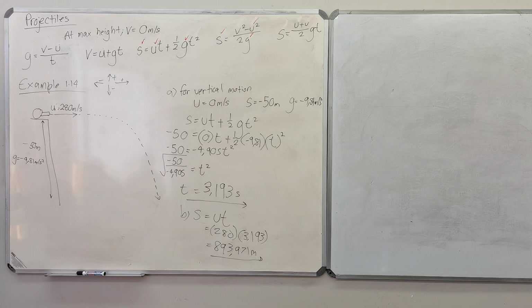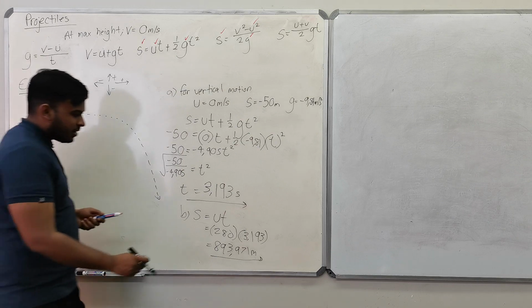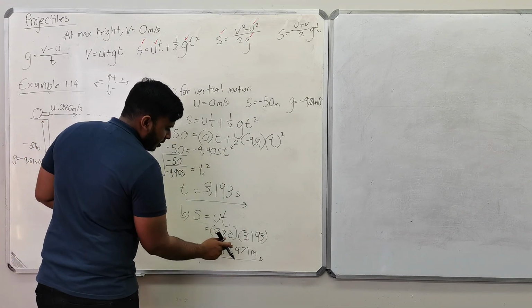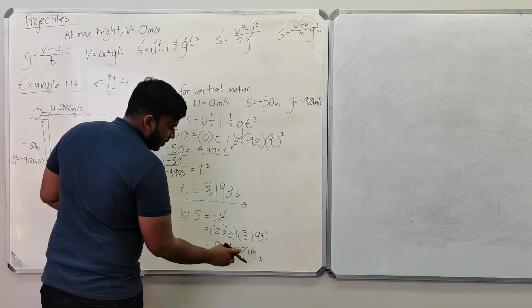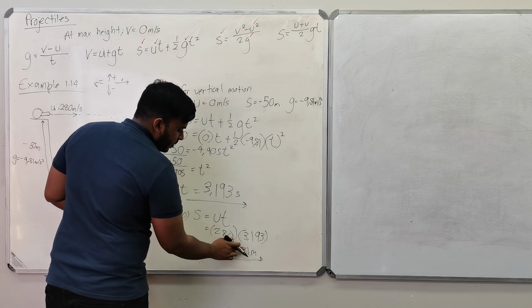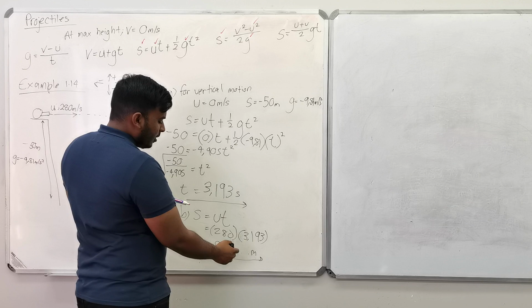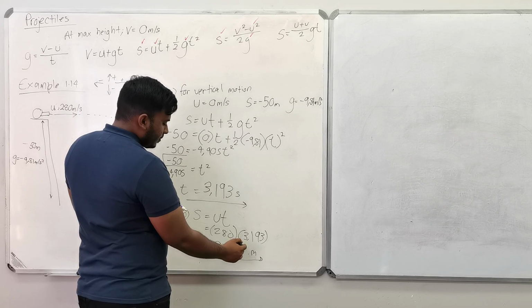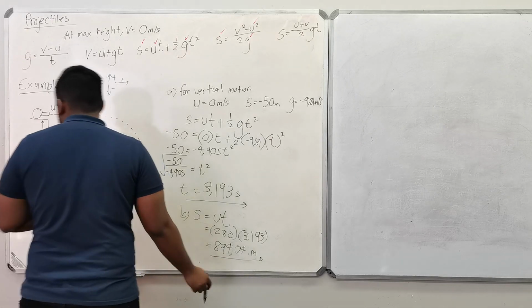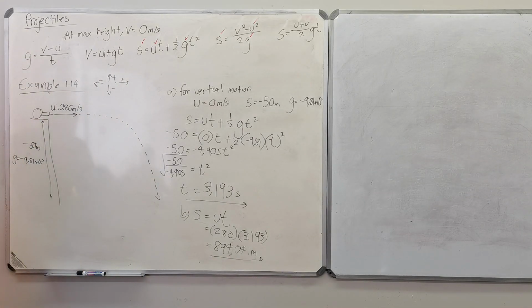Why are you getting 894? It's 894.04, 89404. Maybe you should use the 3.193. You used the whole number, we rounded off. That's right, because it was 04. Okay, that's your answer, just rounded off.